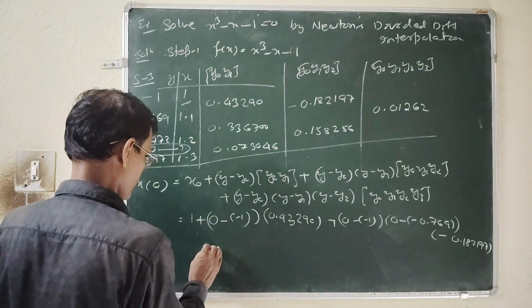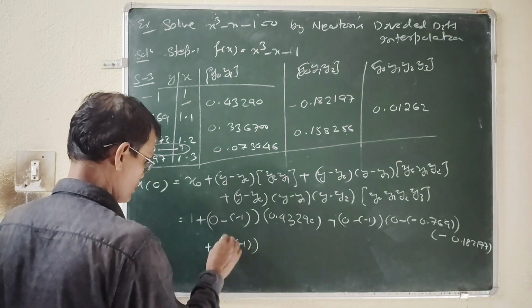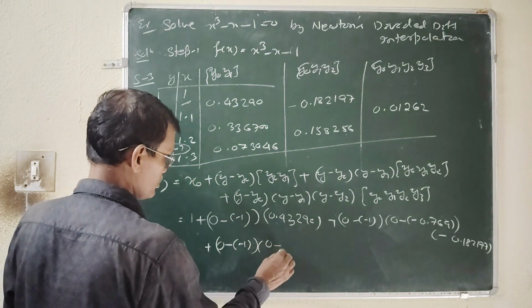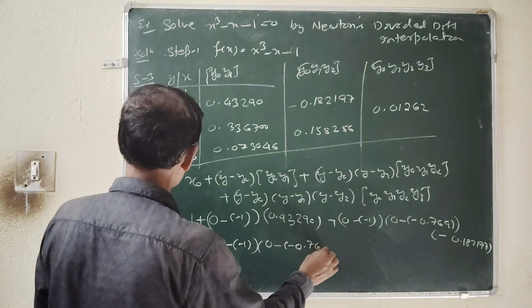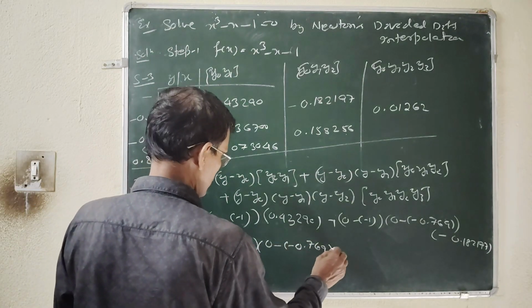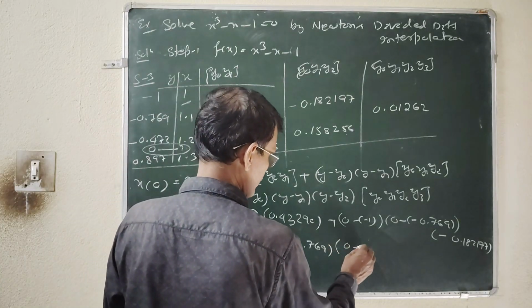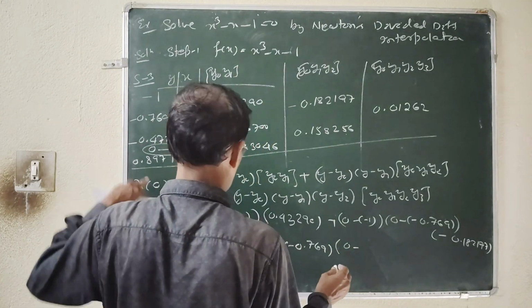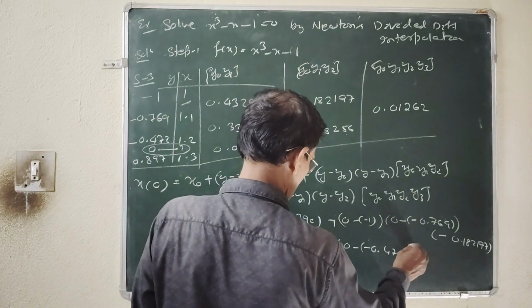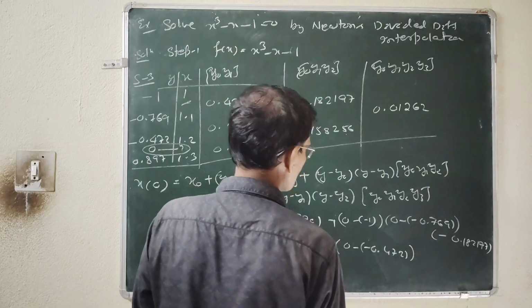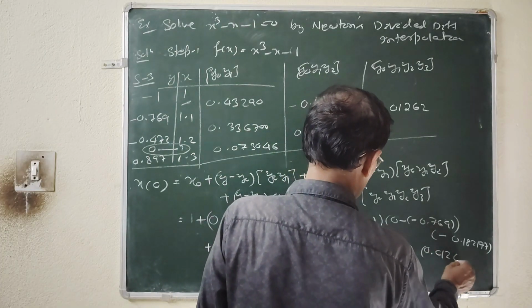Then plus 0 minus minus 1 into 0 minus minus 0.769 into 0 minus minus 0.472 into the third order, that is 0.01262.